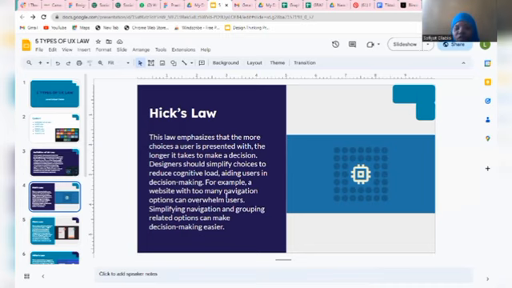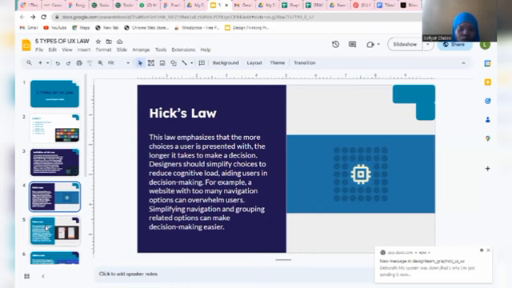When your navigation is too much, it will not let your users concentrate. Simplifying navigation and grouping related options can make decision making easier. There are things in your navigation that you can group together instead of splitting them.